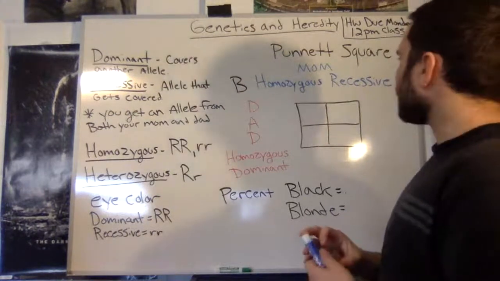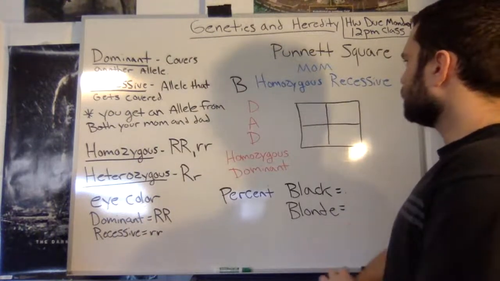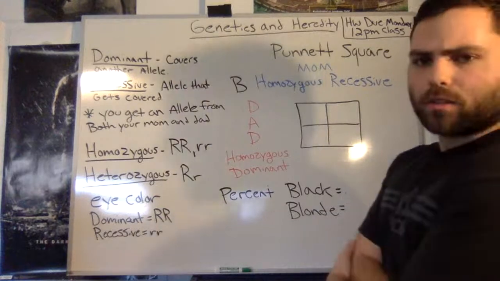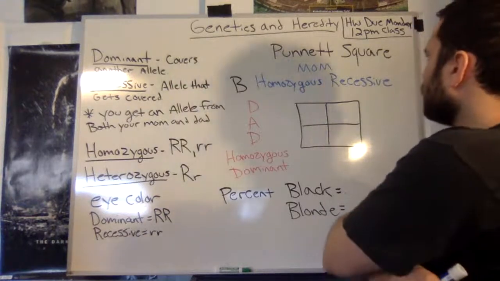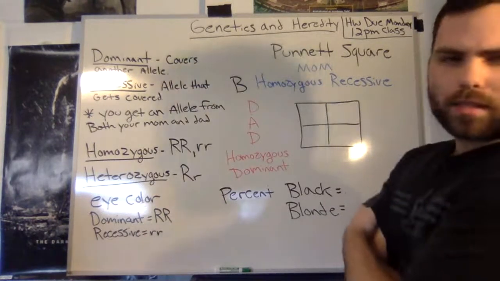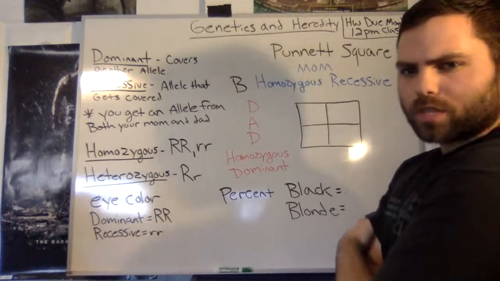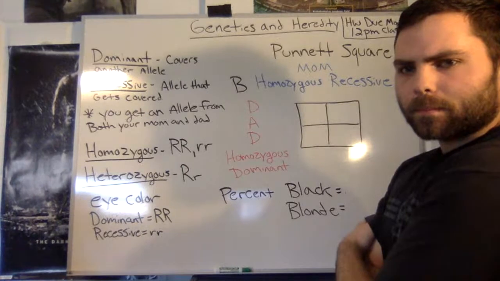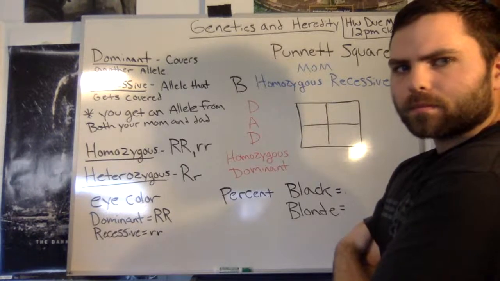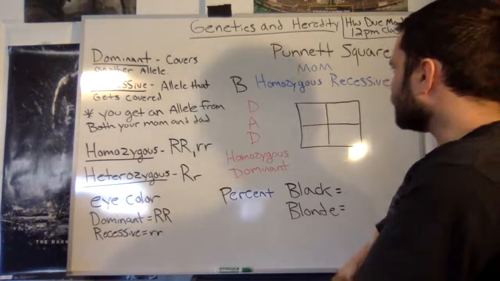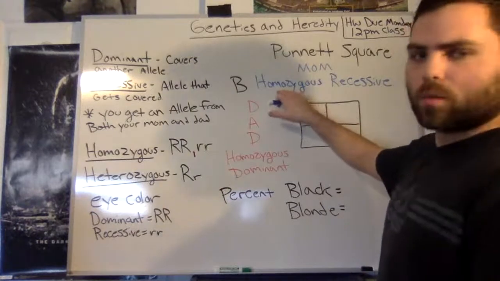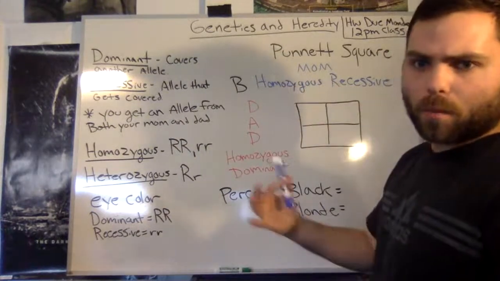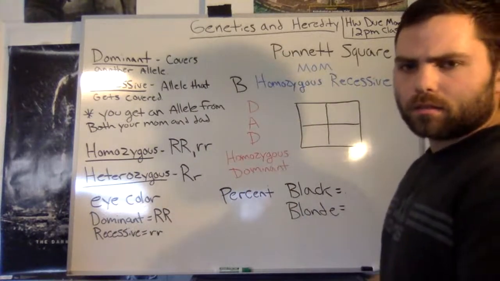Okay. I'm seeing some answers coming in. All right, you guys ready to try this? So homozygous, right? Is that the same or different? What does homozygous mean? Same, right? Okay, good. So if we're saying mom is homozygous recessive, are we going to do uppercase B or lowercase b?